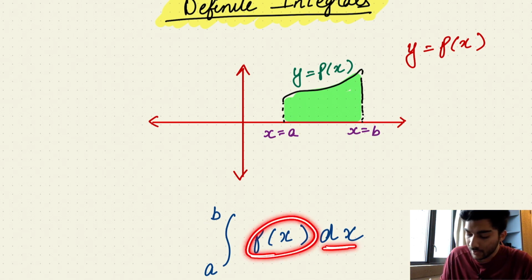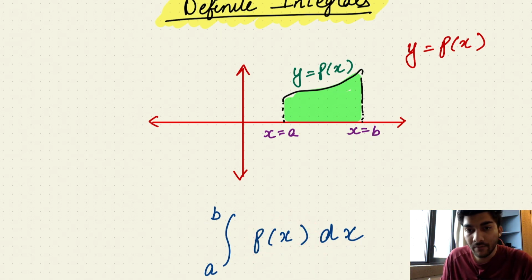After the function, you either have dx or dy in this expression, and this gives you an idea about where your endpoints are located. If it's dx, your endpoints are located on the x-axis. If it's dy, your endpoints are located on the y-axis. So depending on dx or dy, you judge where your endpoints are located.